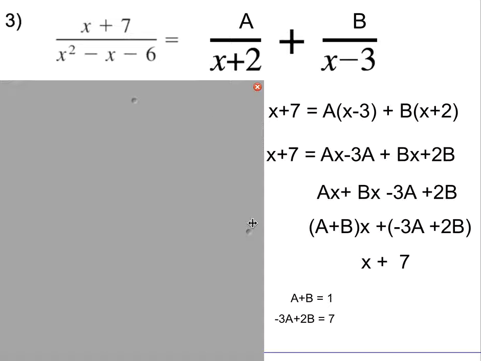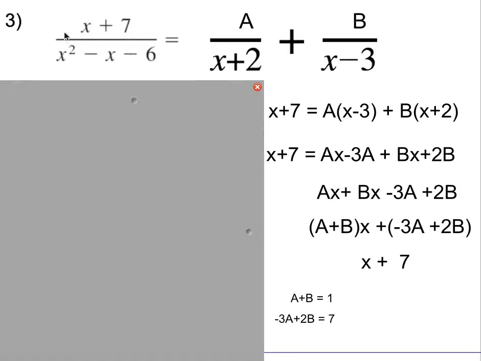Here's another method for solving. You could set it up the same, but now if you distribute a and distribute b, you end up with ax minus 3a plus bx plus 2b. I'm going to group the x terms together, and then these are considered the constants because they don't have an x. I'll factor out an x for these two, so we have a plus b, and then I'll put these in parentheses.